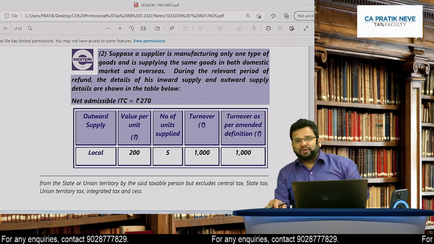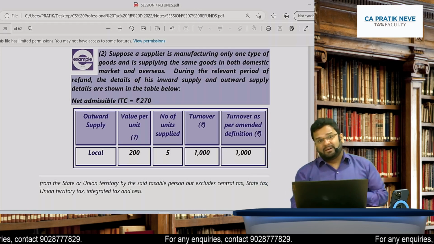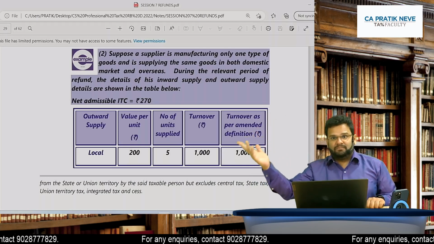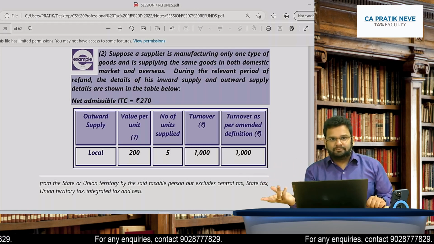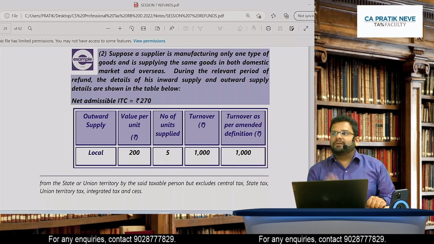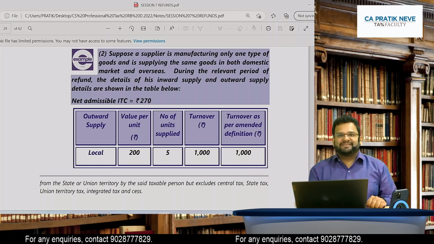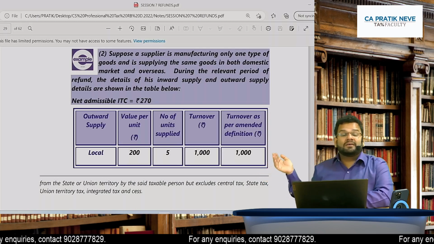Because from this refund topic, according to me, what will be asked in the exam? The concept of unjust enrichment, which you already know. Then, in which cases will refund be granted to the assessee instead of being put in the consumer welfare fund?